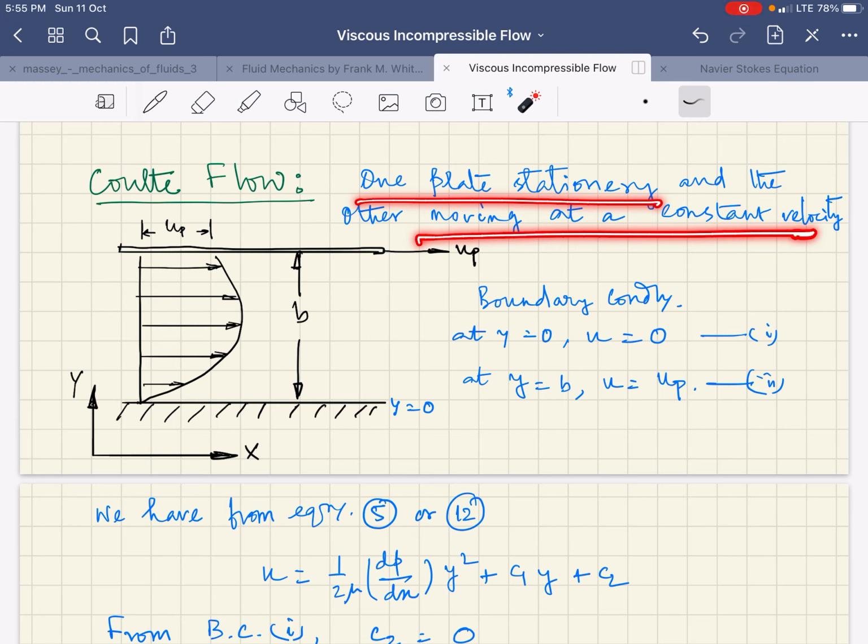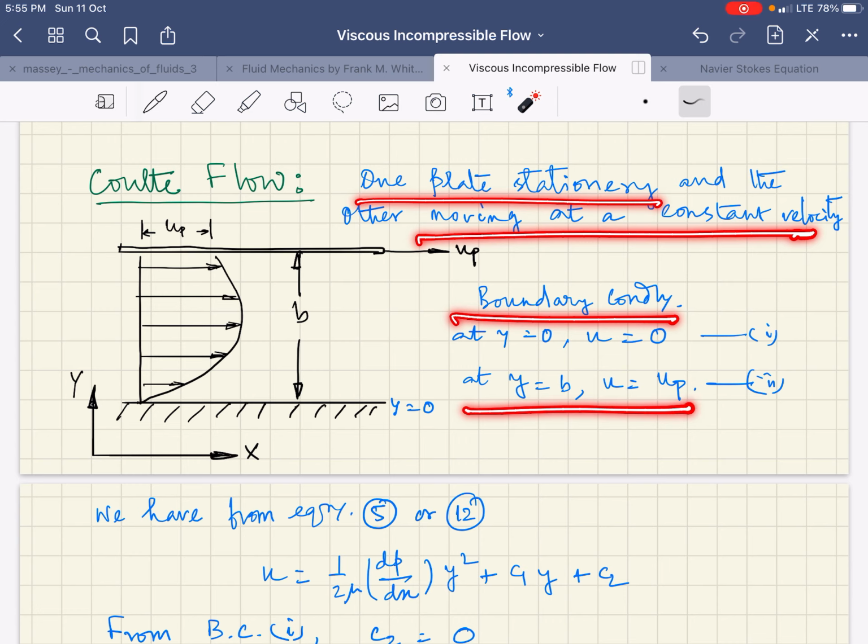So what essentially changed is the boundary condition, isn't it? Because in the other case, we started with Navier-Stokes equations, and at the boundary condition we put y equals 0 as u equals 0, and at y equals b, u is equal to 0.